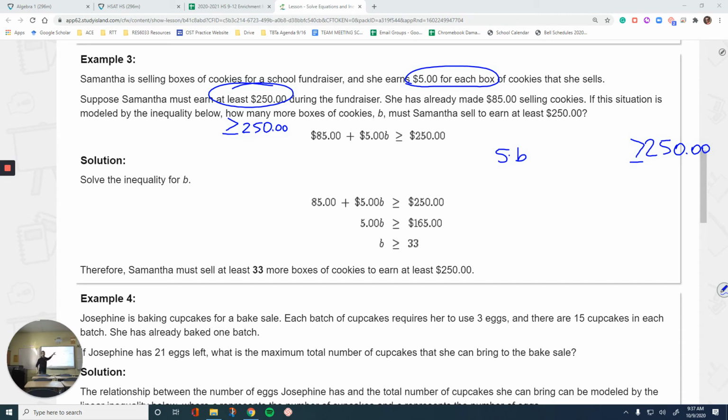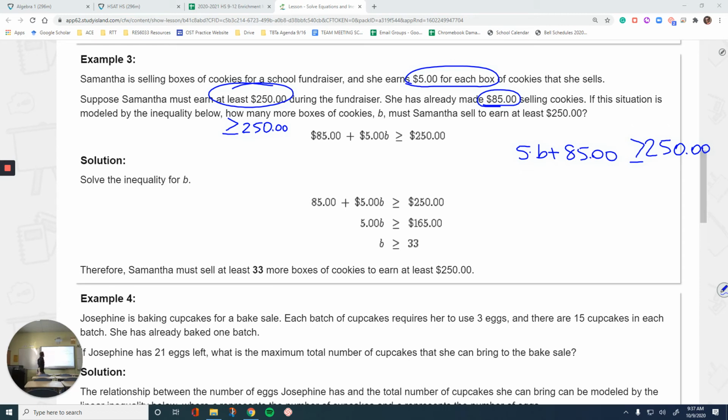So that's what she has already. So on top of this that she's gonna get for each box that she sells, she already has $85. It doesn't say per box, it just says she already has it. That's why I didn't multiply it by a variable.